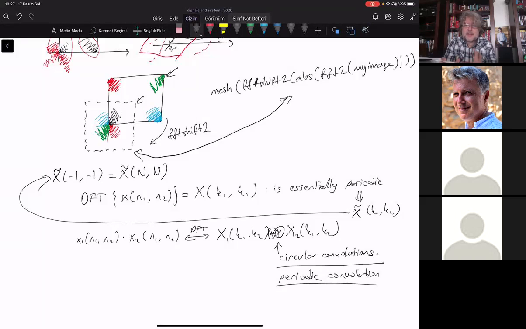Since the DFT is very thoroughly investigated in digital signal processing, I don't want to go into further details of that, and I want to stop at this point, because I want to talk a little bit about the discrete cosine transform, which is a more dedicated transform for image processing, particularly image compression.